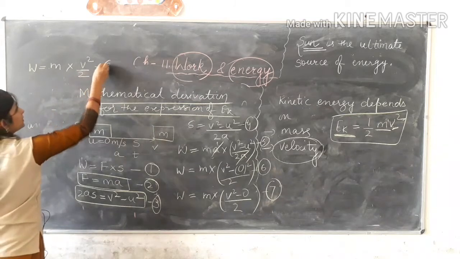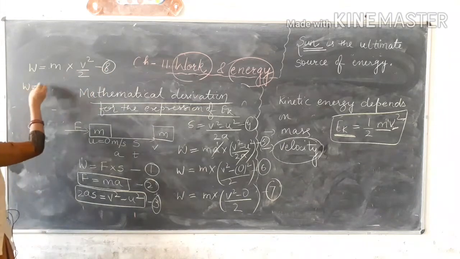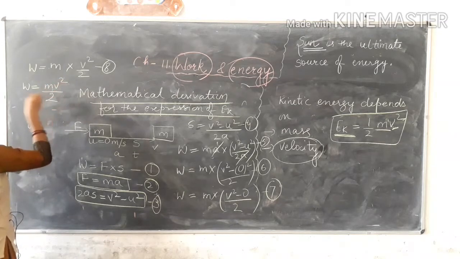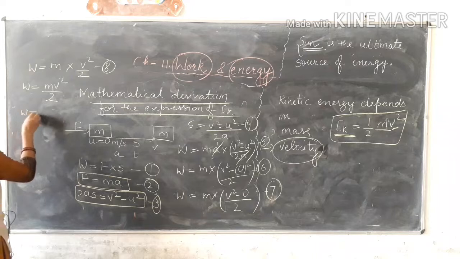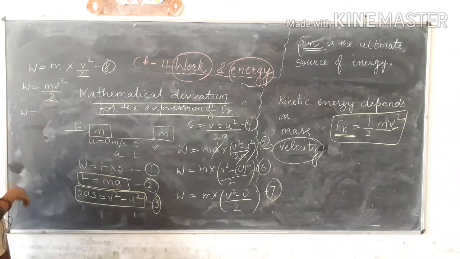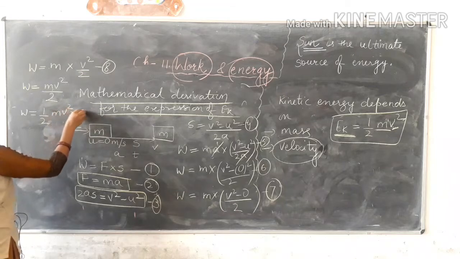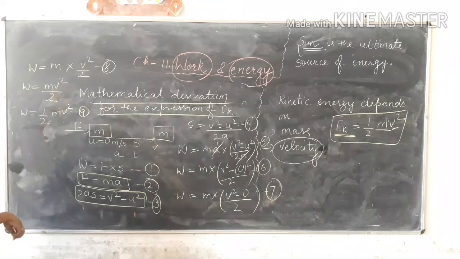This is the eighth step. W is equal to m into v square, mv square upon 2. mv square upon 2 can be written as half mv square. This is the next step. Both are the same.